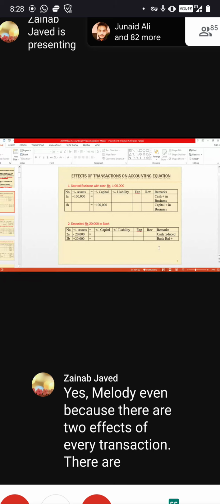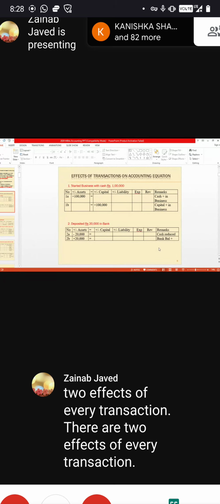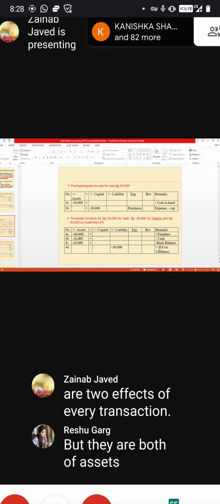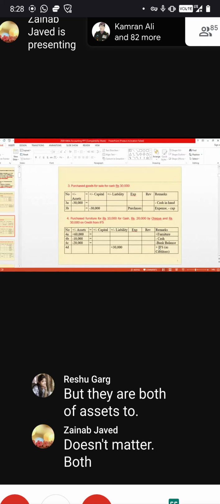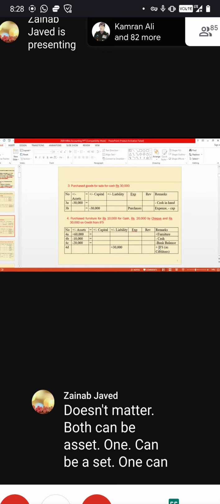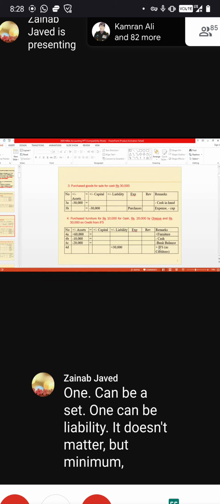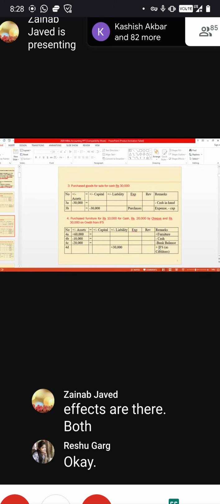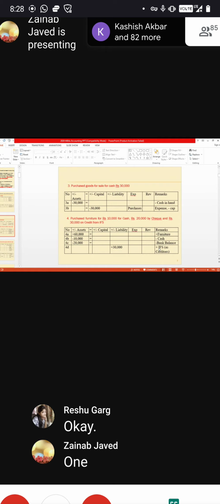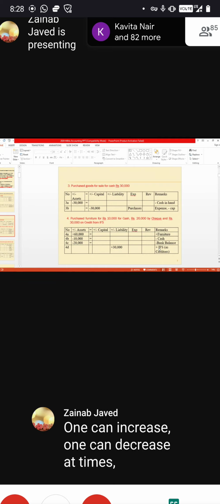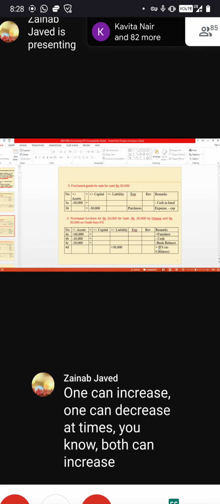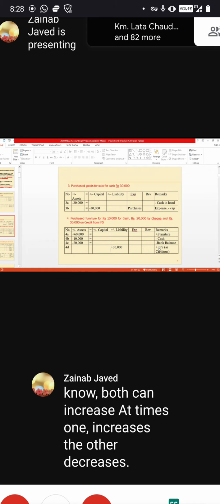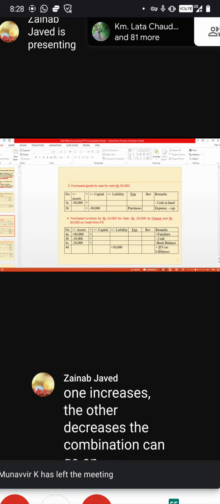But they are both assets, so it doesn't matter. Both can be assets, or one can be an asset and one a liability. But minimum 2 effects are there. At times both can increase, at times one increases and the other decreases. So the combination can go on.